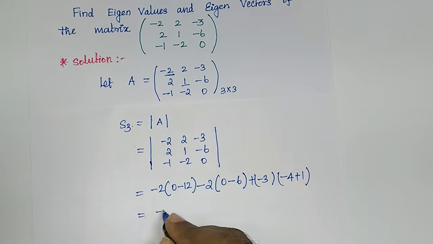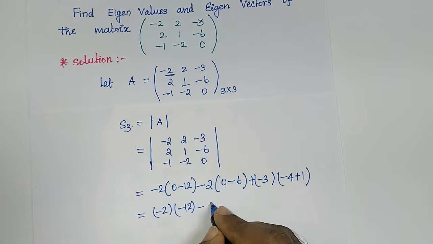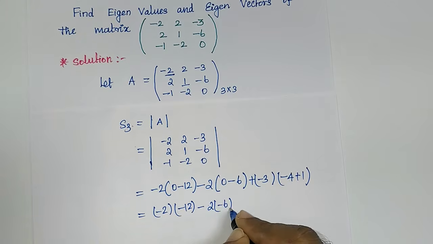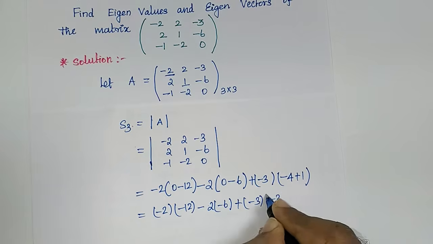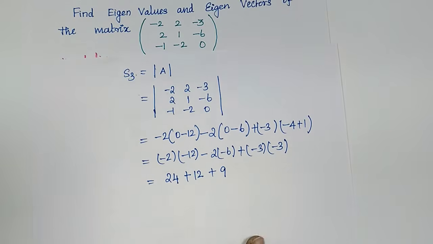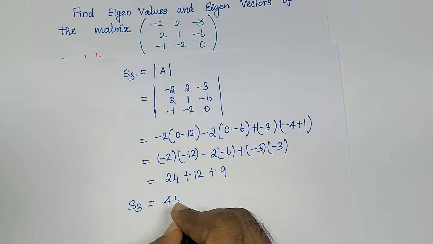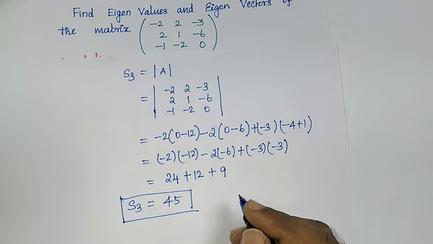Simplifying, minus 2 into minus 12, here minus 2 and minus 6, and plus minus 3 into minus 3. You will get plus 24, plus 12 and plus 9. So 24, 12, 9: S3 equal to 45.